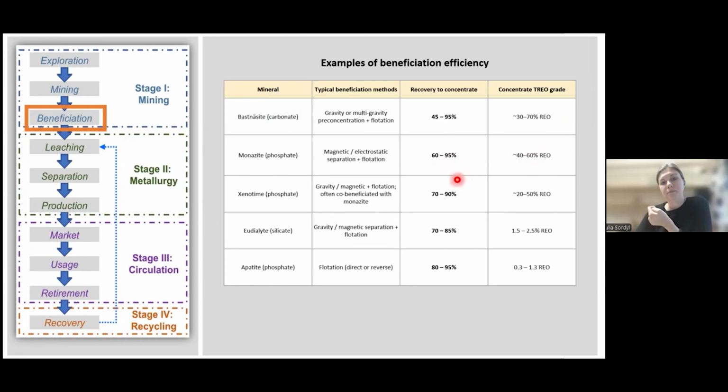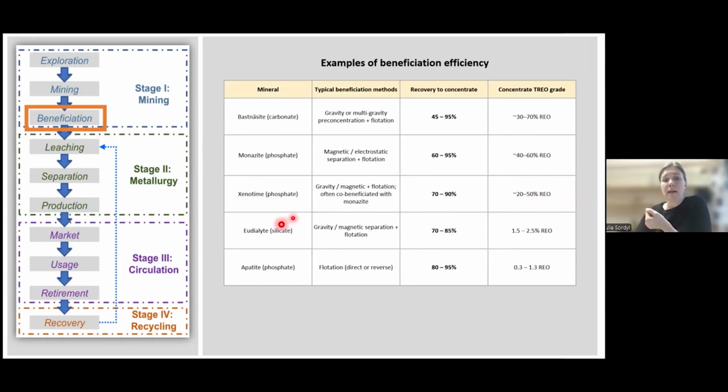And then xenotime, same here, 70 to 90%, so it doesn't reach 100% recovery rate, and there is a relatively big percentage of rare earth oxide in the concentrate. Xenotime is mainly heavy rare earth elements in the concentrate.